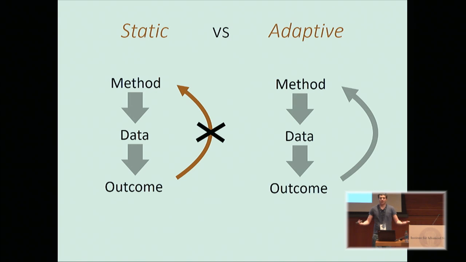I mean, we want to do science not in a vacuum, but in a way that's informed by the data. And in fact, I would argue that most empirical science does not work the way laid out in the textbook scientific method, but rather is adaptive. Meaning, after you observe the outcome, after you plot the data, somehow look at which variables seem most correlated with the thing you're trying to predict, you use that information to inform your method.